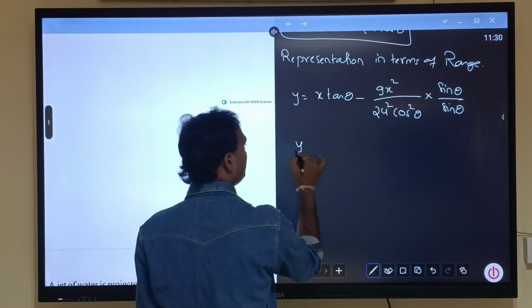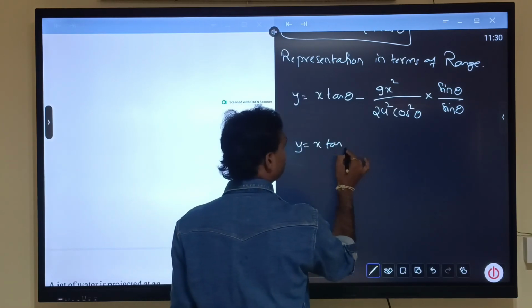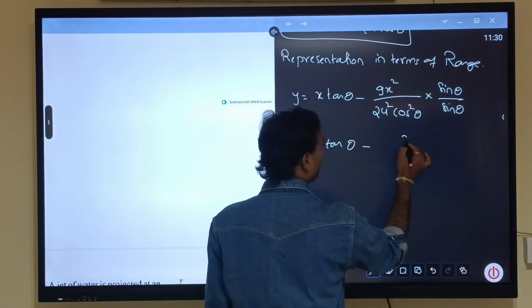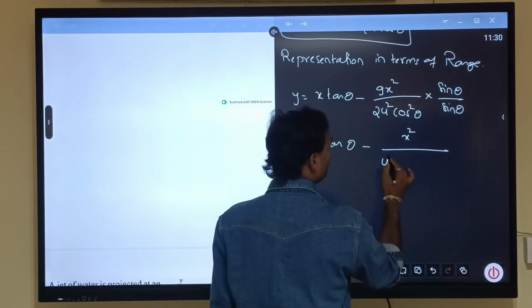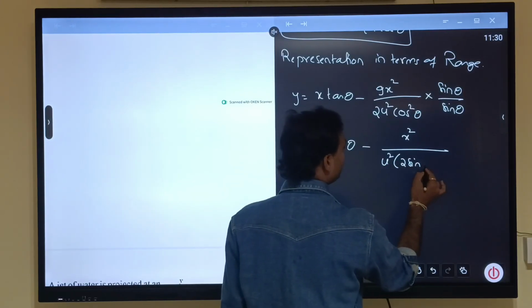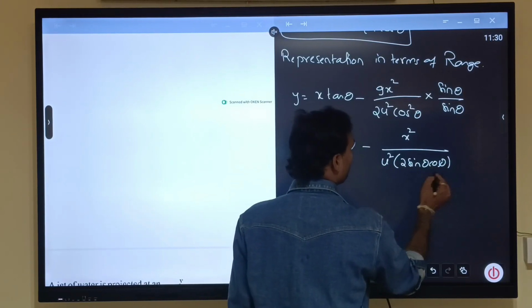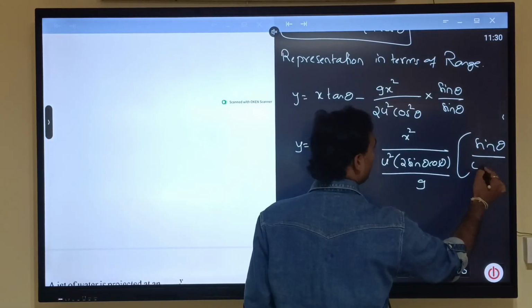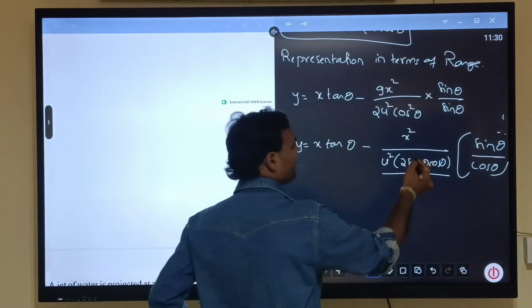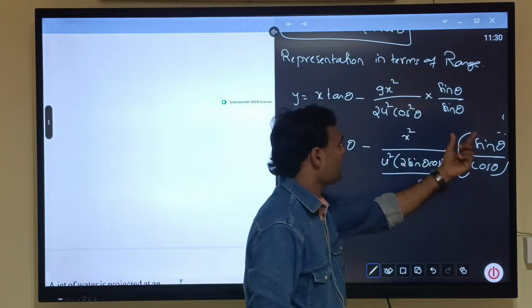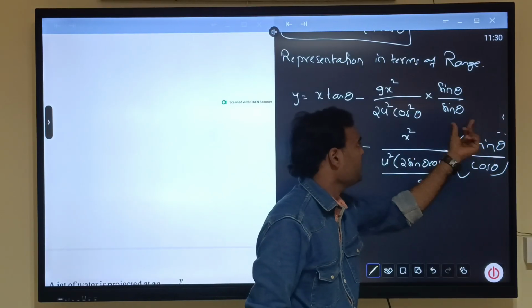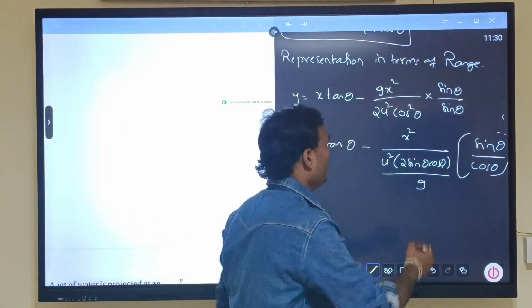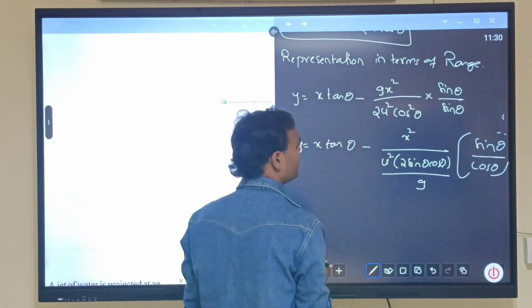Now y is equals to x tan theta minus x square by u square, 2 sin theta cos theta by g, this will be sin theta by cos theta. Here one cos theta is coming here, one more cos theta is coming here, sin theta will be sin theta only, this sin theta is coming here, and g in the numerator is coming to denominator.